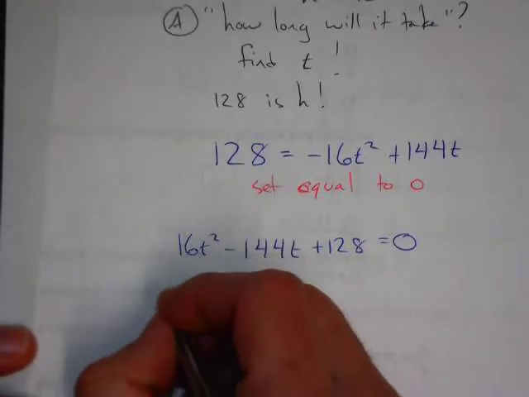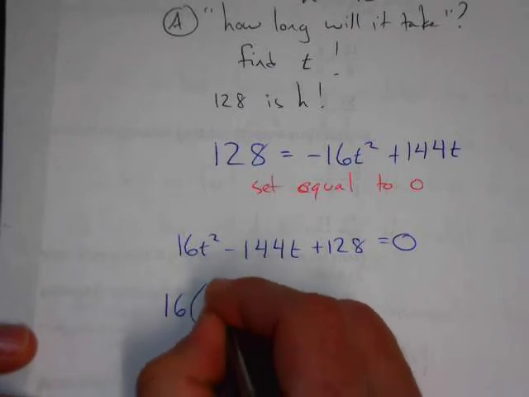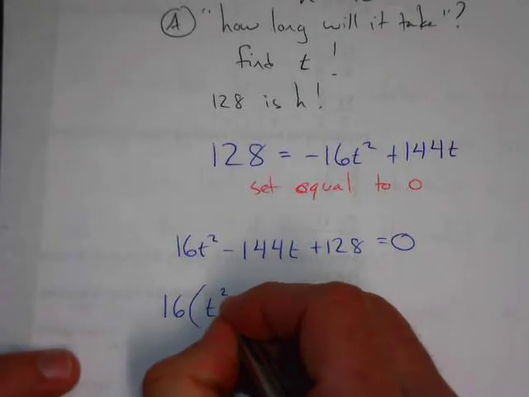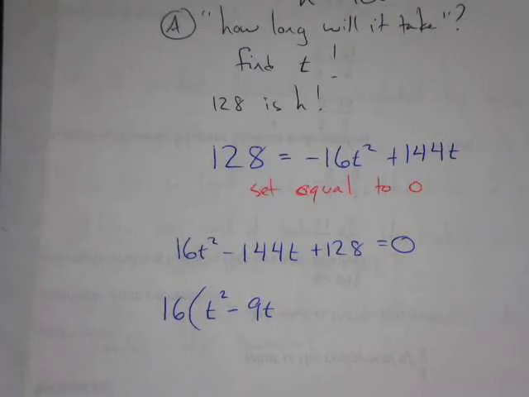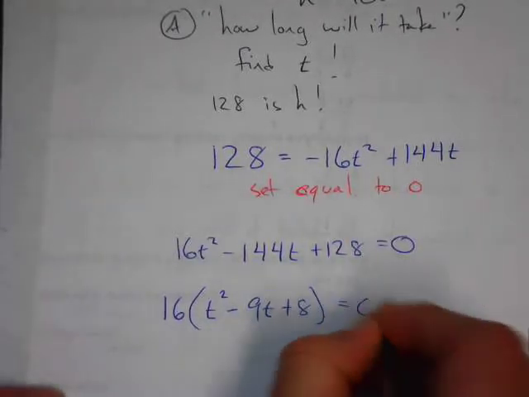There's a GCF here. It's 16. If I factor out 16, I'm going to be left with t squared, and then whatever 144 divided by 16 is. So I do 144 divided by 16. That gives me 9, so I have minus 9t, and then 128 divided by 16, which in this case is 8, is equal to 0.